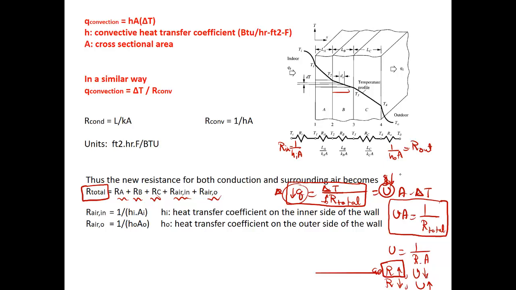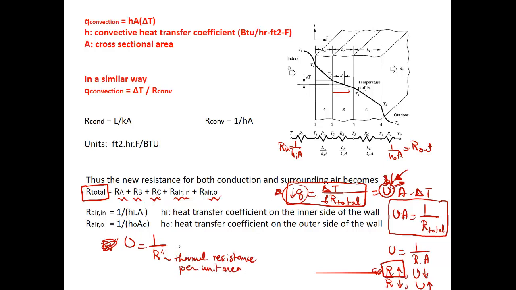Now, why I'm discussing these: because we have tabulated values for different materials for U, the overall heat transfer coefficient. Also, there is another definition, which is the thermal resistance per unit area, R double prime. That's actually U equals 1 over R double prime, like thermal resistance per unit area.